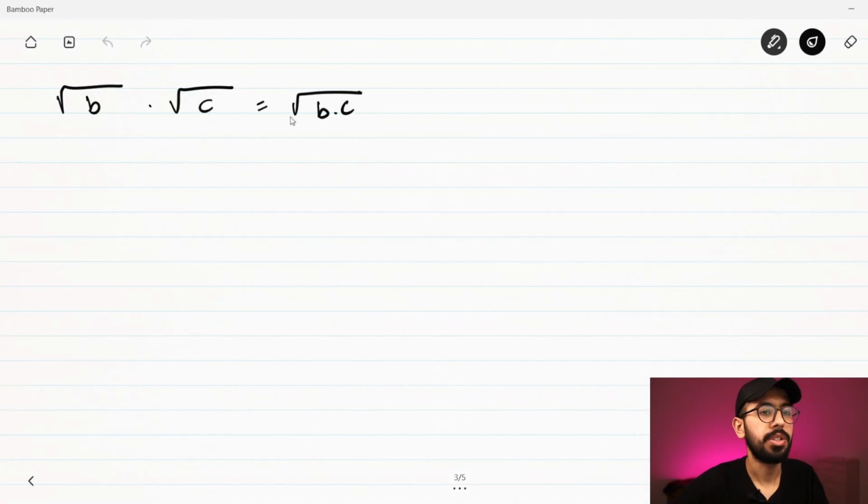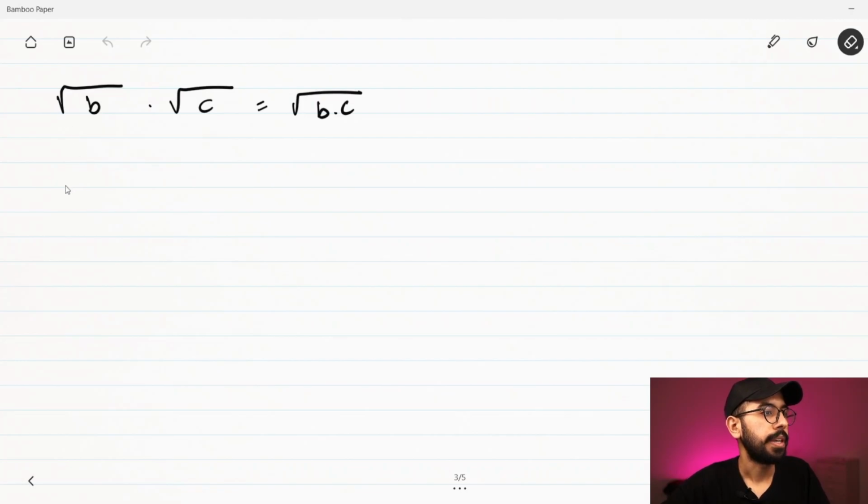In this law, which is the multiplication law, it is a little bit different from addition and subtraction, because in this law we can multiply different radicals or different roots.